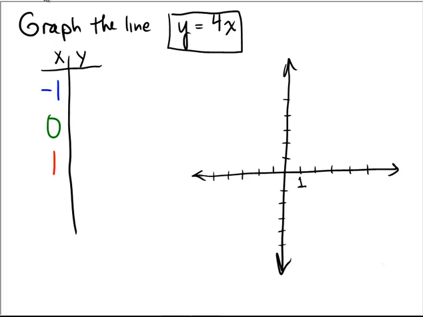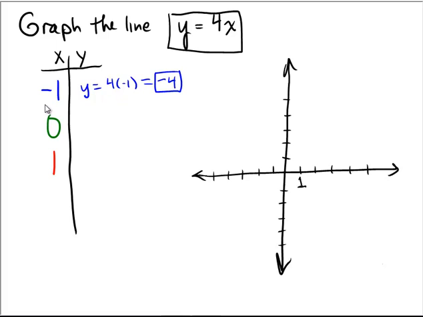So as a first example, I decided to take x equals -1, relatively small number, easy to work with. So notice that if we replace x with the number -1 in the equation y equals 4x, we get that y equals 4 times -1. Of course, 4 times -1 is -4.